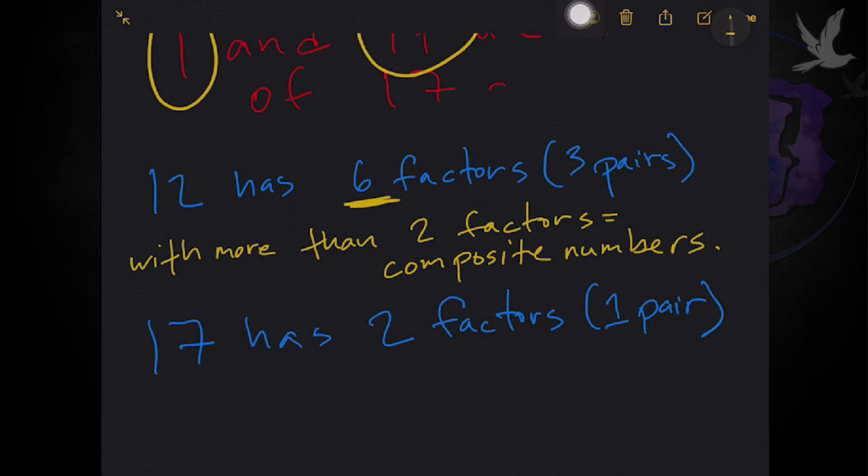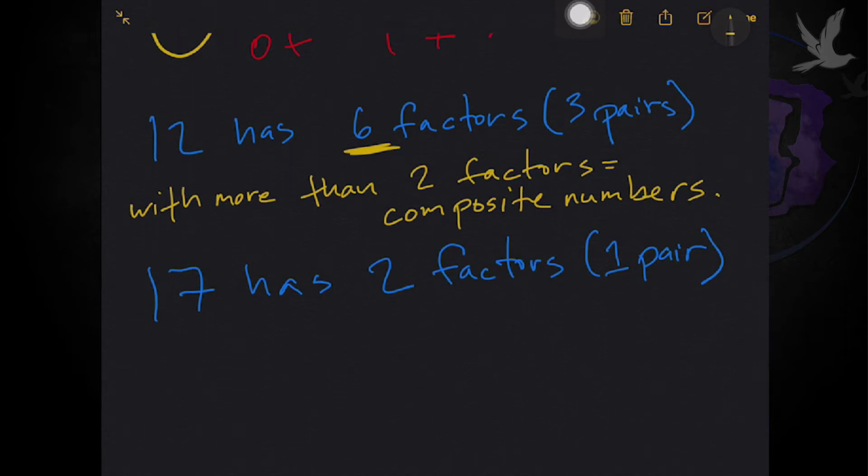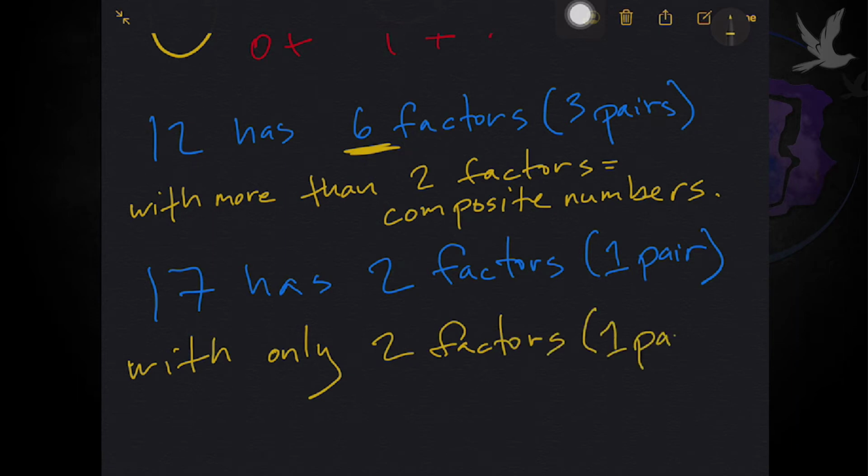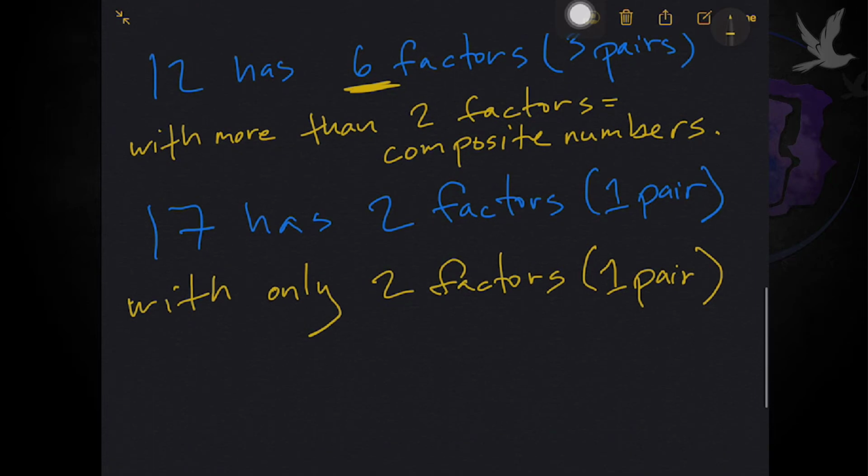While a number with only two factors, or one pair, is called a prime number.